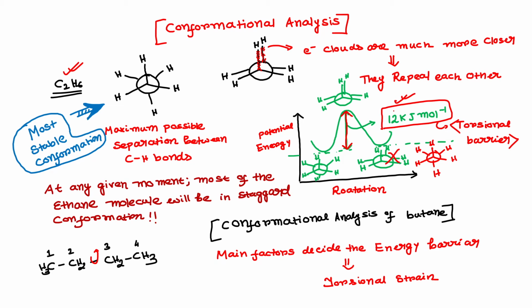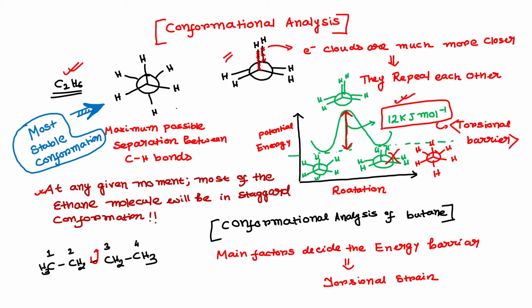But on the other hand, as this staggered conformation is the most stable conformer of ethane molecule, at any given moment the number of molecules having the staggered conformation will always be greater than the number of molecules having eclipsed conformation.